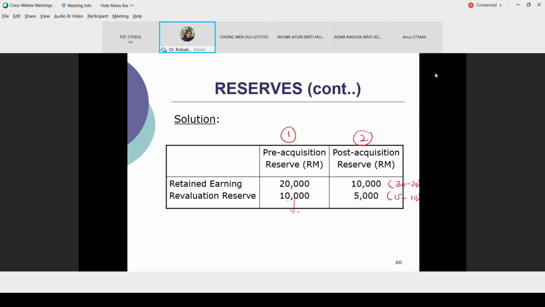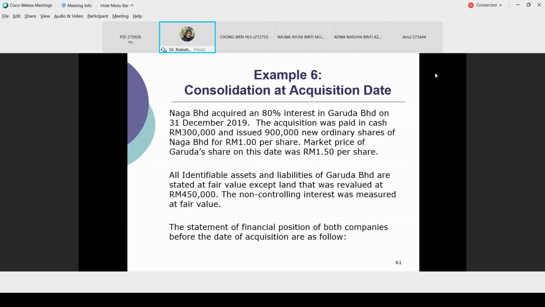The pre-acquisition reserve needs to be eliminated. The post-acquisition reserve we are going to recognize based on the percentage of interest or shares. That is what you have for reserves.